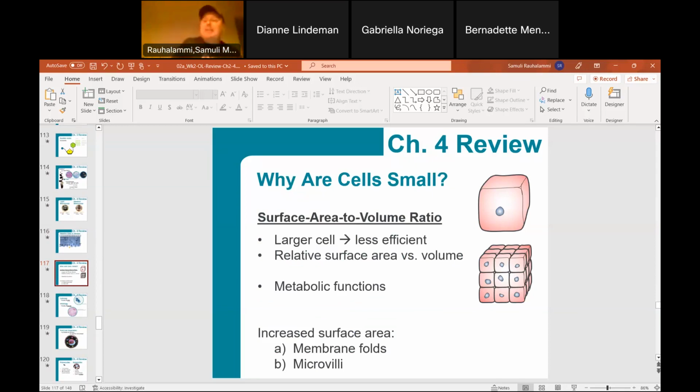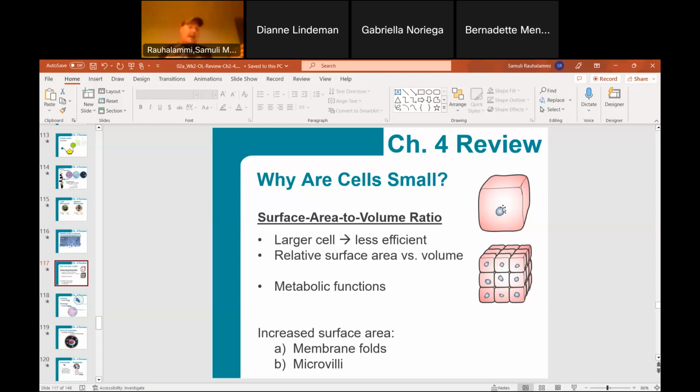One way I explain it to my students is to think of, if a cell is really large, it's going to take a long time for materials to travel from the edge of the cell to the center of the cell, if we need to transport materials that way. And because transporting materials also consumes energy, if the cell was huge, we might end up consuming all that energy before it even gets to where it needs to get.